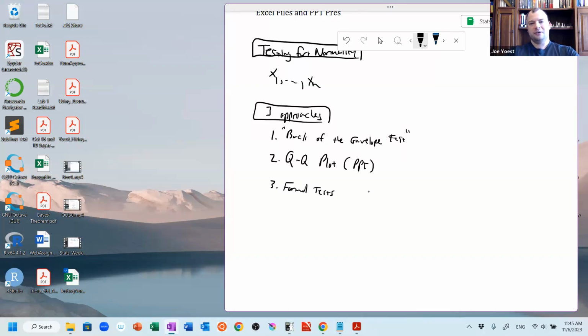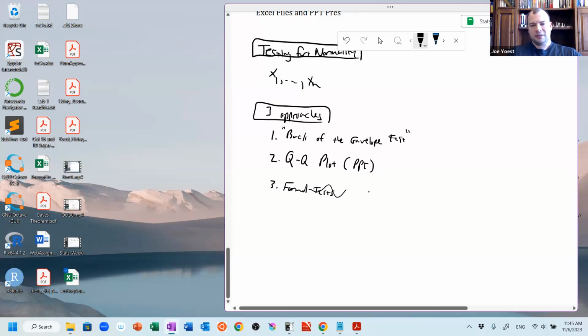There are formal tests where you do a bunch of computations, you get some number that's related to your data, you compare that to some standardized number, and you see where the one number falls relative to the other, and that gives you a claim. It gives you a claim that either the population seems to be normally distributed or the population seems to not be normally distributed.